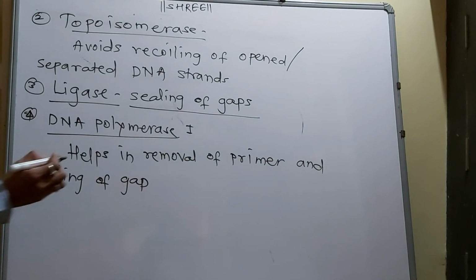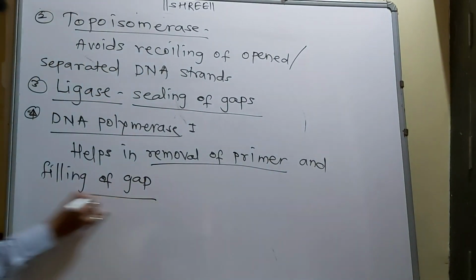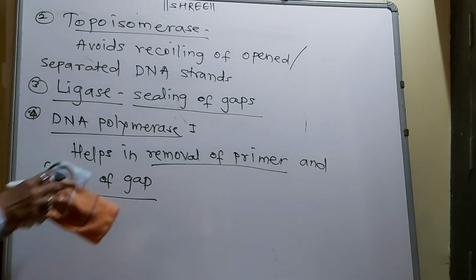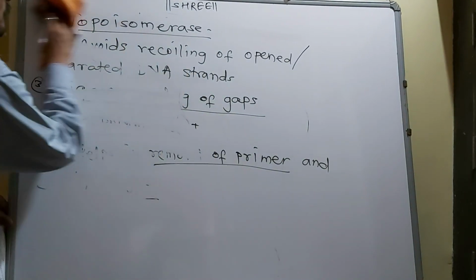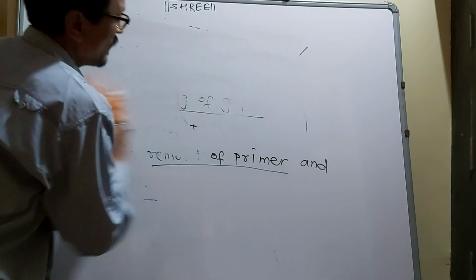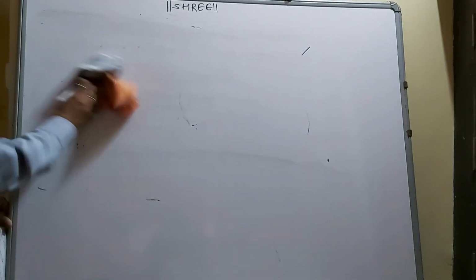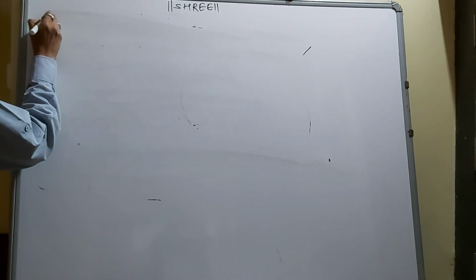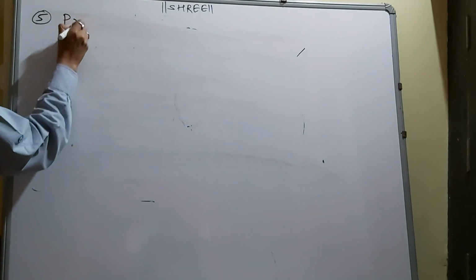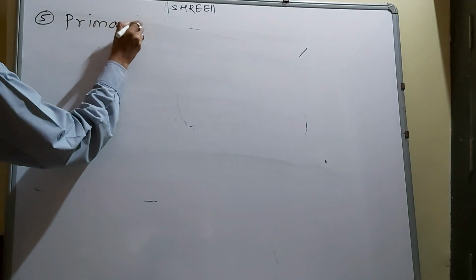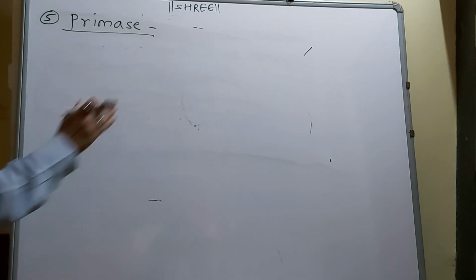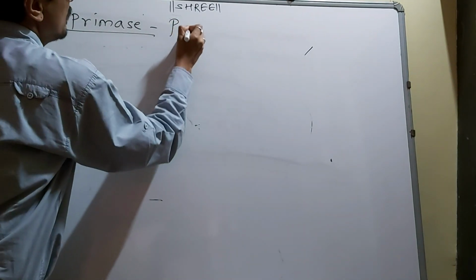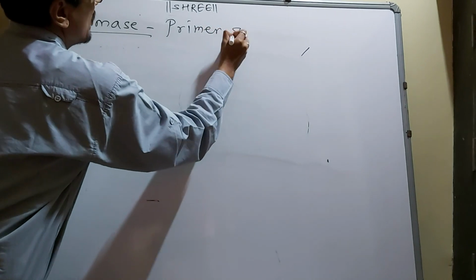We will try to understand this basic phenomenon afterwards, as we proceed in detail about replication. Now the next enzyme which is associated with the replication process is said to be primase. This primase is responsible for primer synthesis.